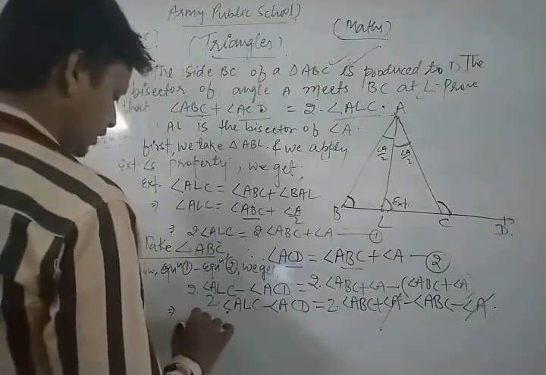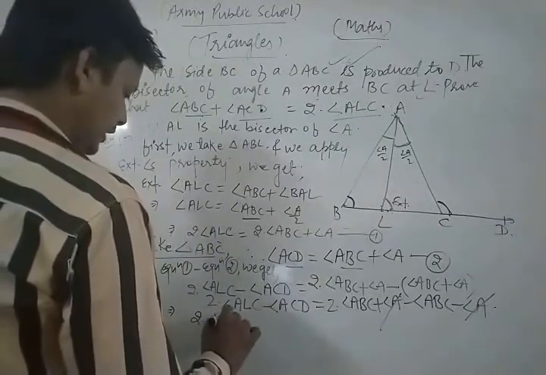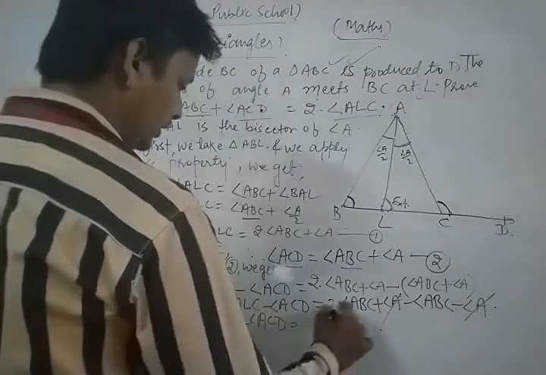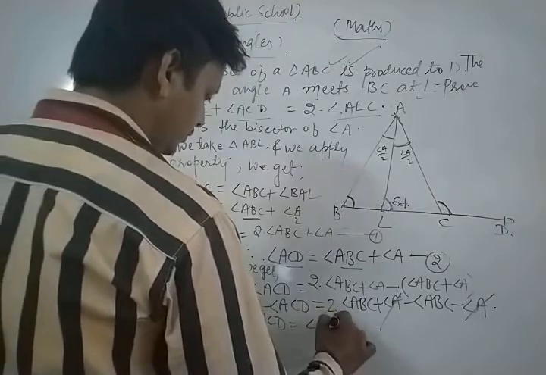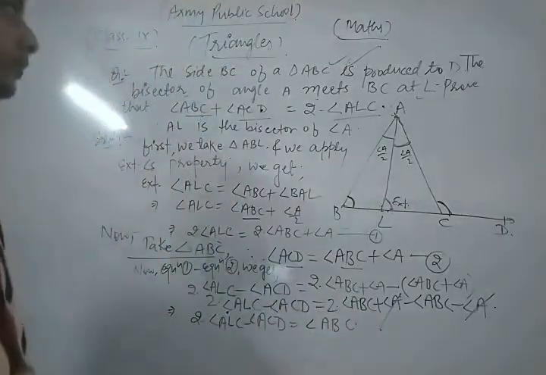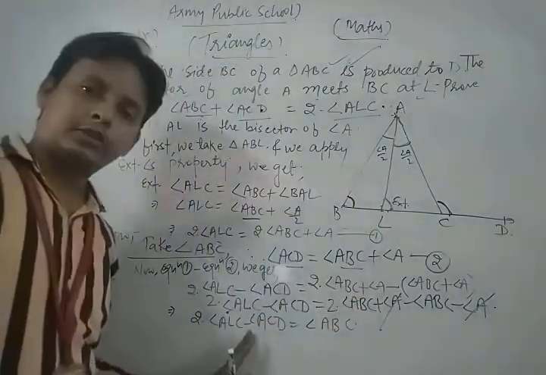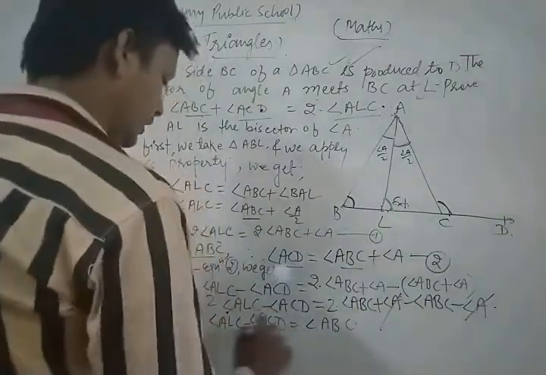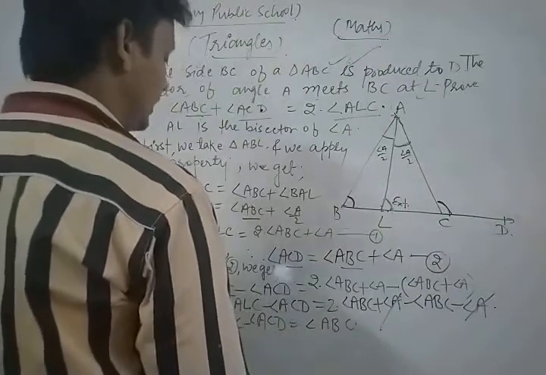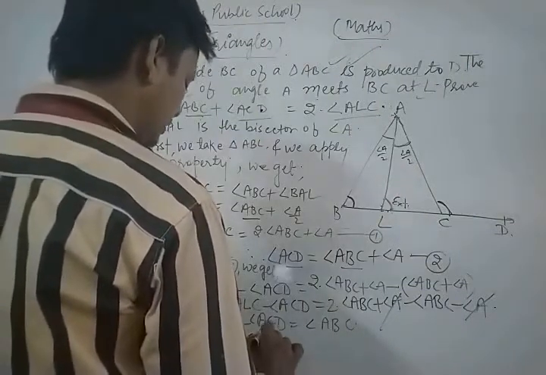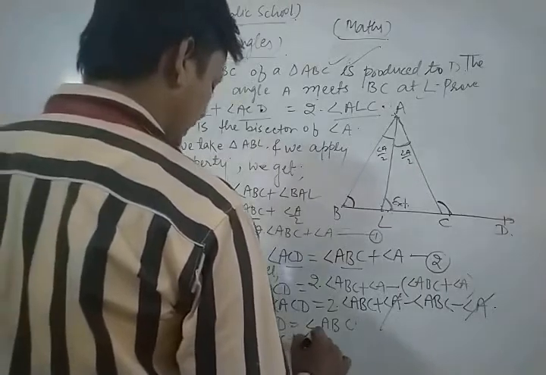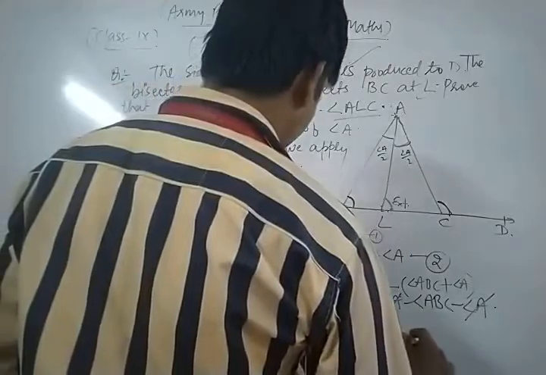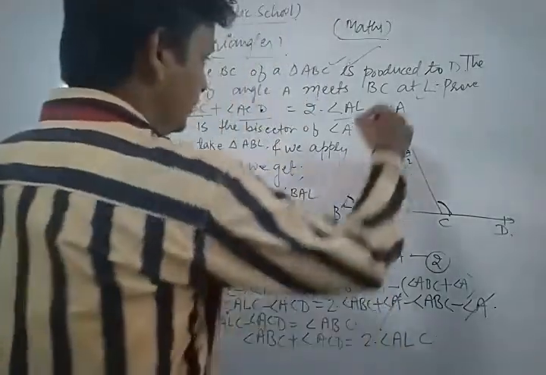So 2 times angle ALC minus angle ACD is equal to angle ABC. Now we transfer minus angle ACD to that side, so we get angle ABC plus angle ACD is equal to 2 times angle ALC, which is our proof.